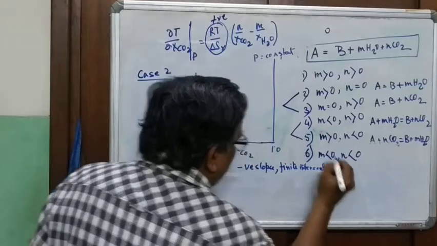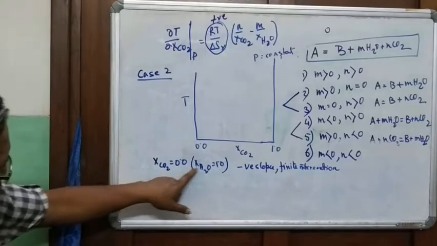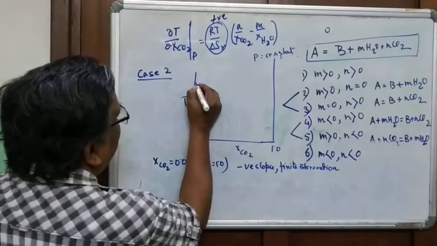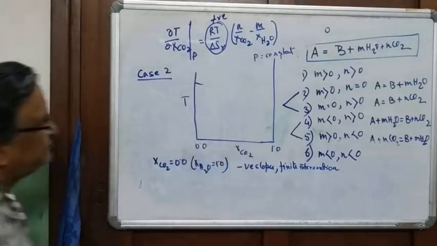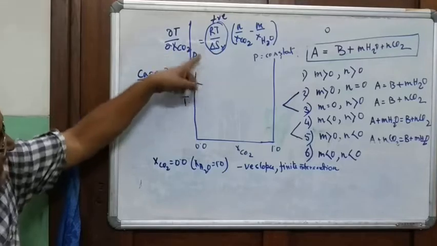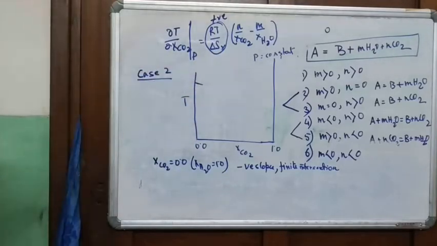That means at XCO2 equal to 0 or XH2O equal to 1, the slope will be negative. Whatever the value intersects, that will depend on the ratio of latent heat to delta S R. But you have a slope which is negative.